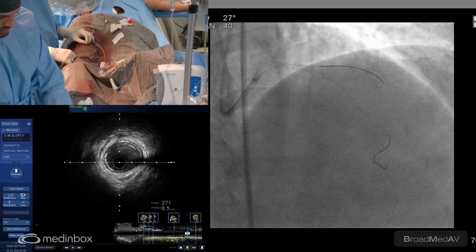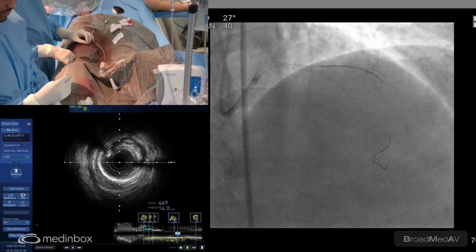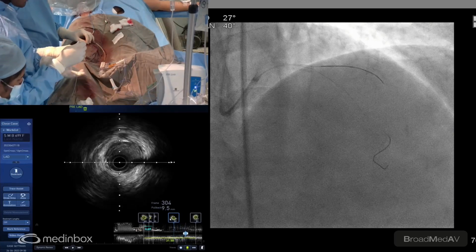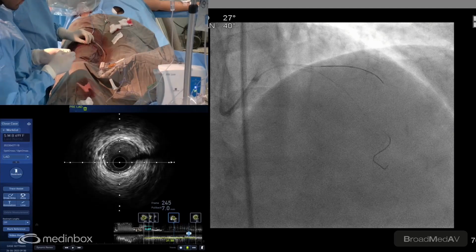So what you're going to now see with the 3.0 Wolverine, what we have done, on the IVUS imaging.